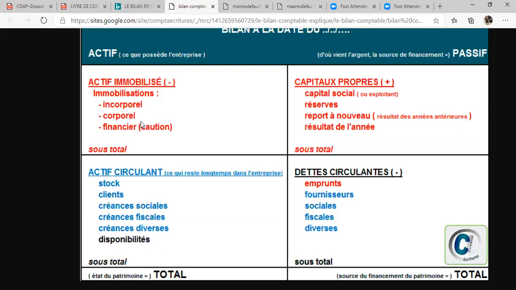Incorporelle are intangible fixed assets like fonds commercial, which would be something like clientele. I don't know if you know what that means. Then we have immobilisation corporelle. These are tangible fixed assets like a vehicle, furniture, the building itself, land, tout ça. Then we have actif immobilisé financier. So these would be actions.